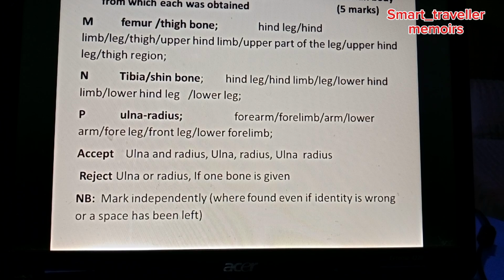So it is found on forearm, forelimb, arm, lower arm, foreleg, front leg, lower forelimb. Except ulna and radius if the hyphen is not put. So instead of ulna hyphen radius, you just say ulna and radius, or ulna or radius, or ulna radius. Reject ulna or radius, and you also reject if one bone is given.